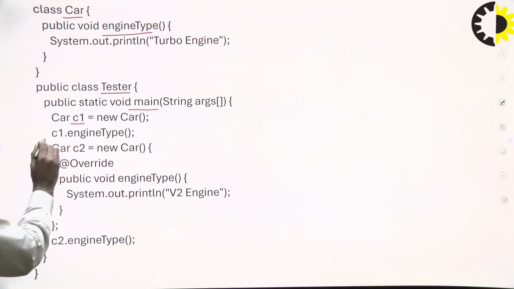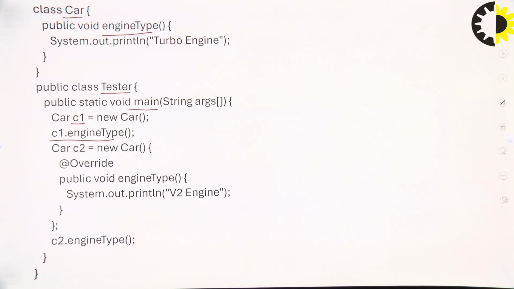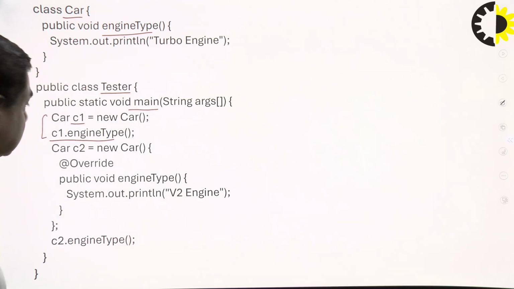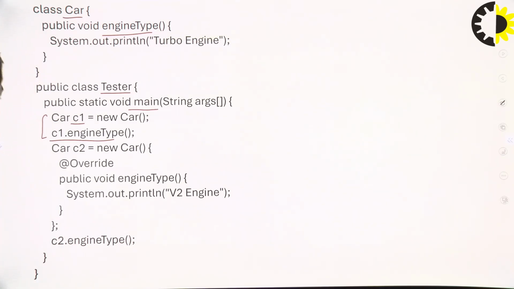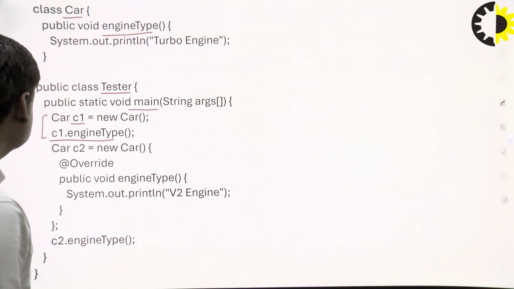Now we just call c1.engineType, so it will display the message turbo engine. Up to this level, it is just normal class understanding, as at the beginning of Java we learn what a class is. We have created an object and we call a method.